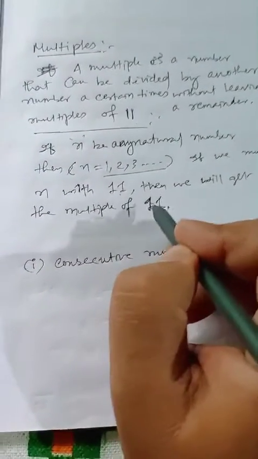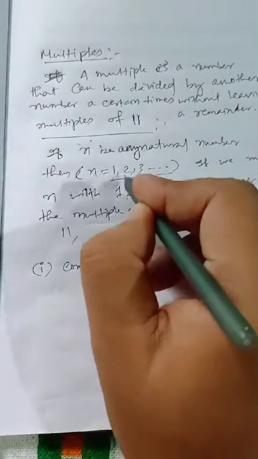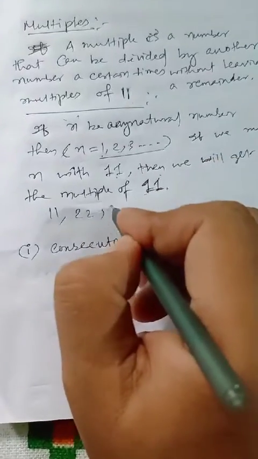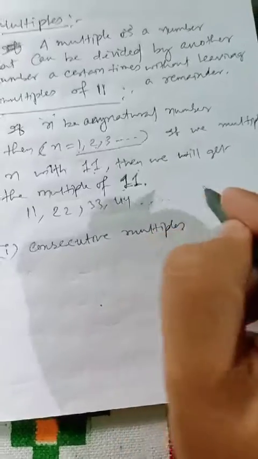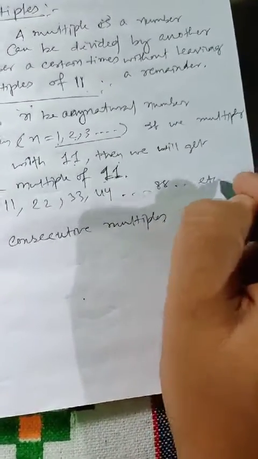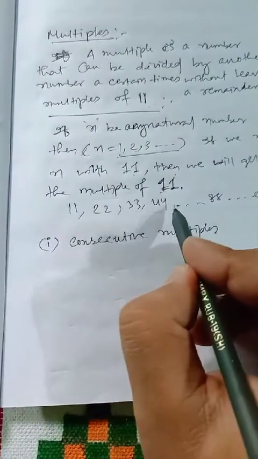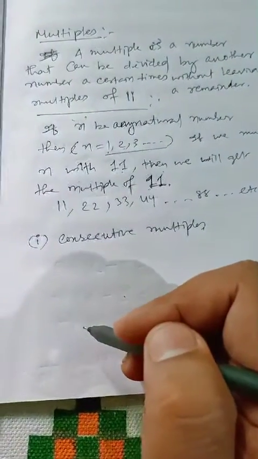For example, 11 into 1 is 11, 11 into 2 is 22, 11 into 3 is 33, 11 into 4 is 44, 11 into 8 is 88, etc. So here the numbers 11, 22, 33, 44, 88, all these are the multiples of 11.